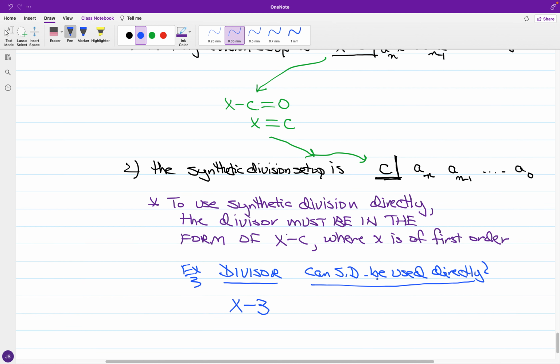Can synthetic division be used directly? And it can be.